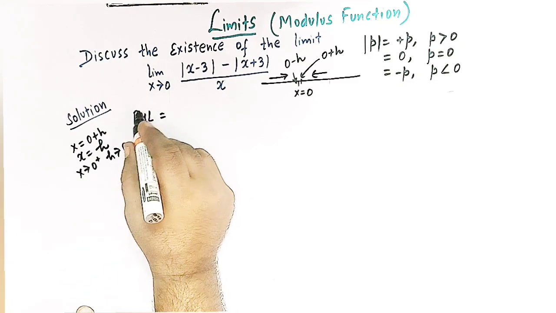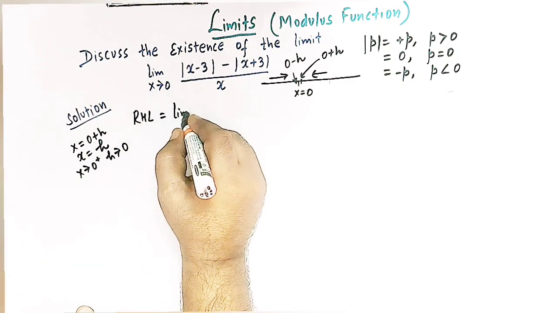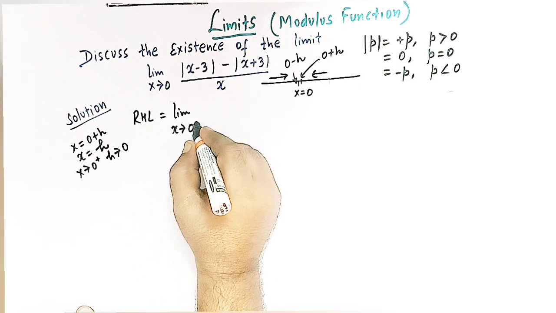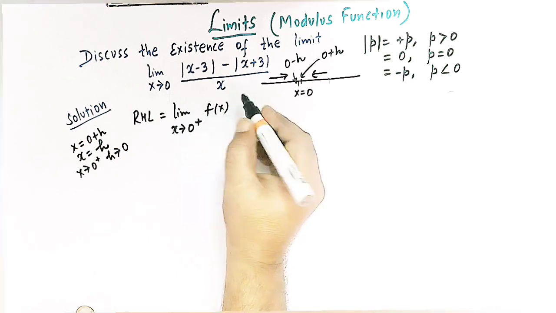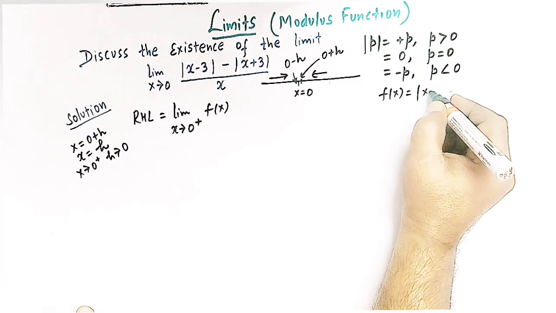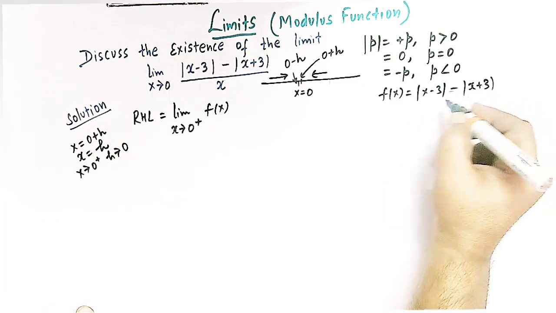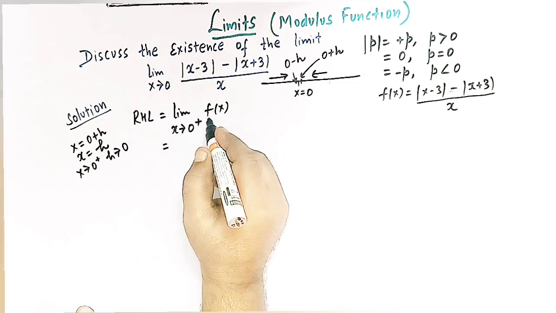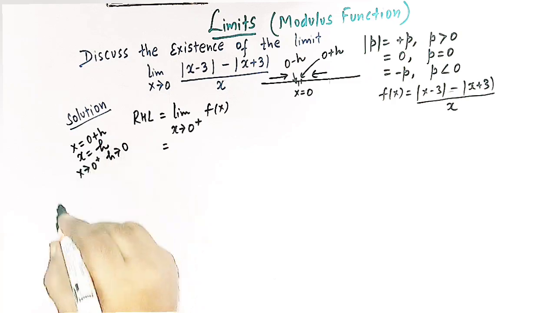So the notation for the right hand limit is given by limit x tends to 0 plus of f of x. Our function f of x is given by mod of x minus 3 minus mod of x plus 3 divided by x. Now we can transform this limit in terms of h.